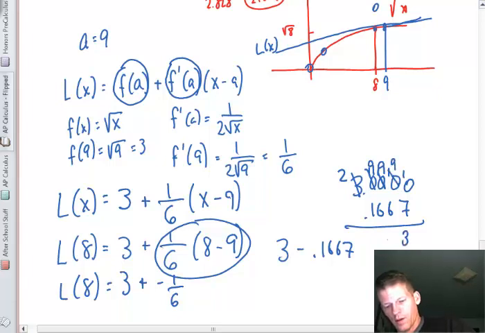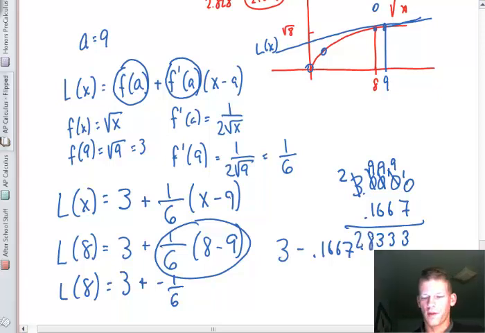Then we've got 3, and this is 3, and this is going to be 8, 2.8333 repeating. I hope that's right.